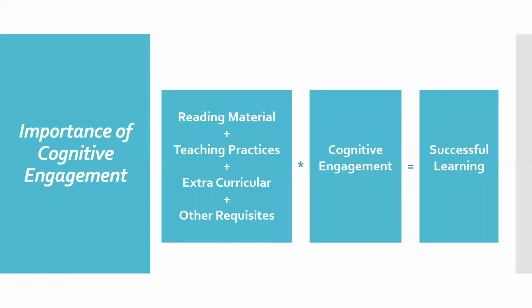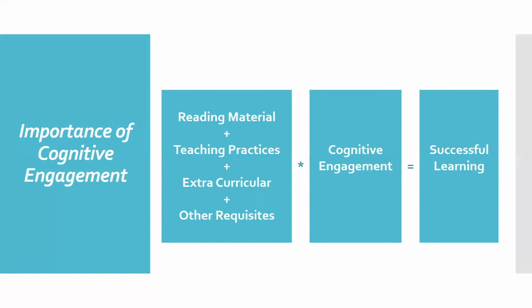But first, let us understand the importance of cognitive engagement through this equation. The equation shows the requisites of successful learning and their relationship. It states that reading material plus teaching practices plus extracurricular plus other requisites, when multiplied with the cognitive engagement, leads to successful learning.